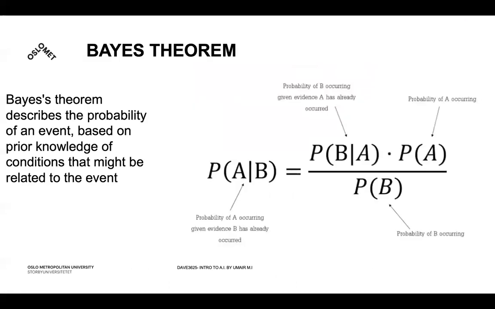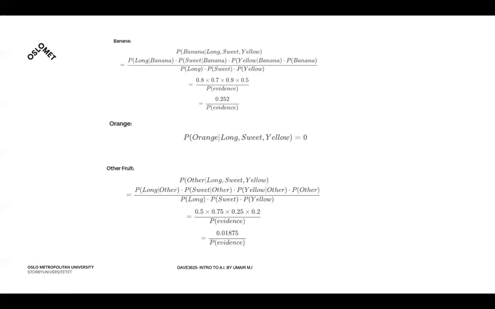So what we are trying to show in a Bayes theorem is the probability of an event which will occur based on the history of which already has occurred before. So this formula is the one applied here. It's the same formula, right? You use it for banana, you use it for orange, and you use it for fruit as well.